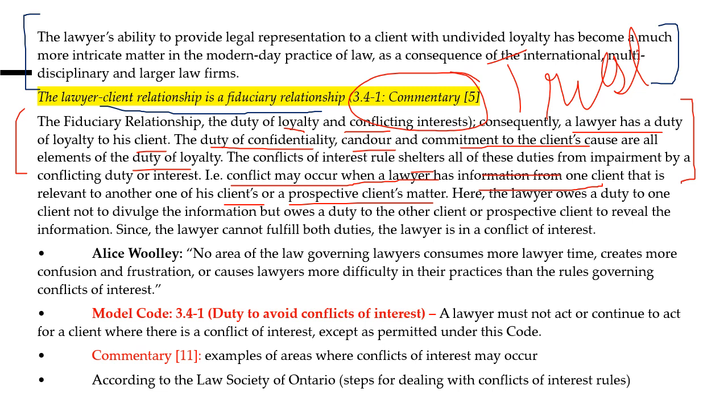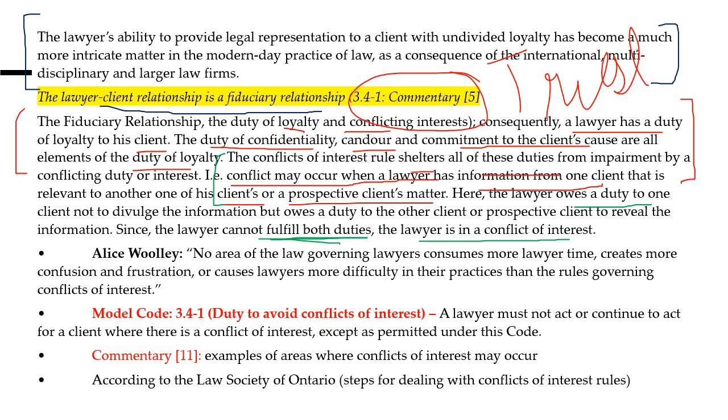So when such a conflict of interest situation arises, what does a lawyer have to do? The lawyer's duty is to one client not to divulge the information, but he owes a duty to the other client or prospective client to reveal the information. So here a lawyer cannot fulfill both duties. The lawyer is in conflict of interest.